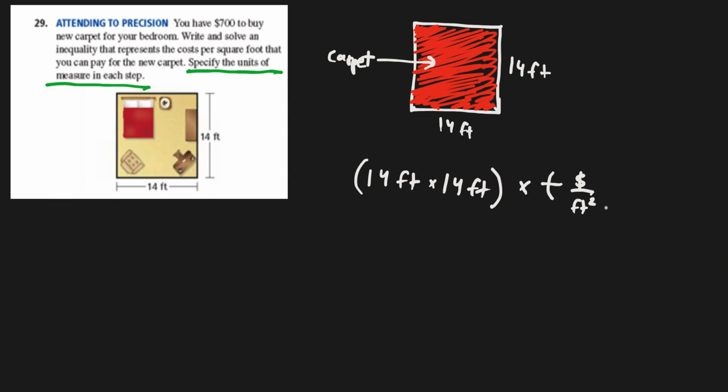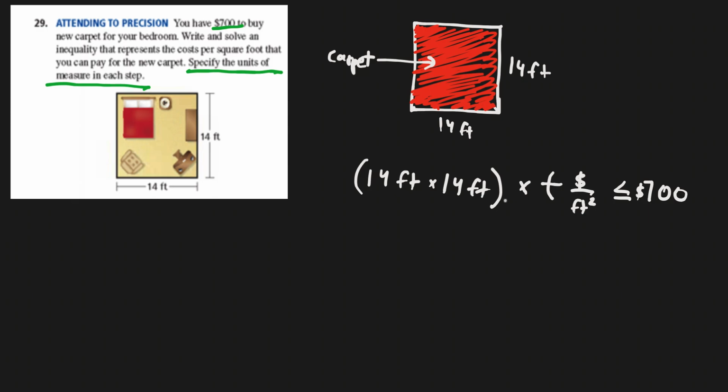So this is going to be less than or equal to 700, since you have $700. So 14 feet times 14 feet multiplied by T dollars per feet squared is the total cost for the carpeting, and it has to be less than $700, or it can be equal to $700 since you have only $700 as a budget for this project.